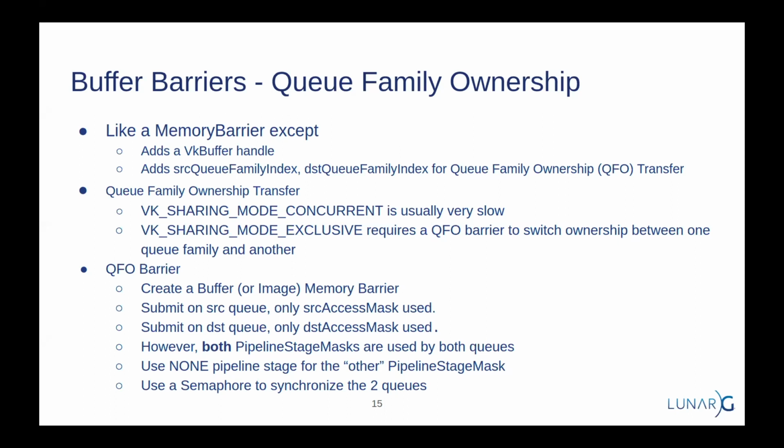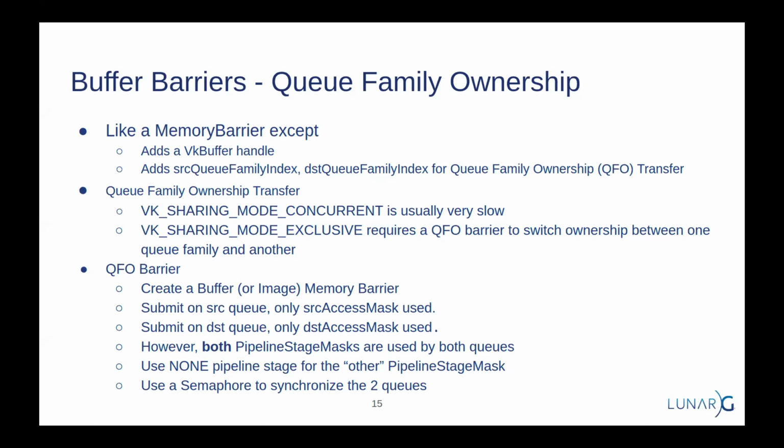But, and this is important, the pipeline stage masks are validated and could potentially be used by the implementation on both queues. So one thing you can run into is that if you're transferring between a graphics and a compute queue or a transfer queue, some of the pipeline stages will only be valid on one side. And so the recommendation is to use none as the pipeline stage on the other queue.